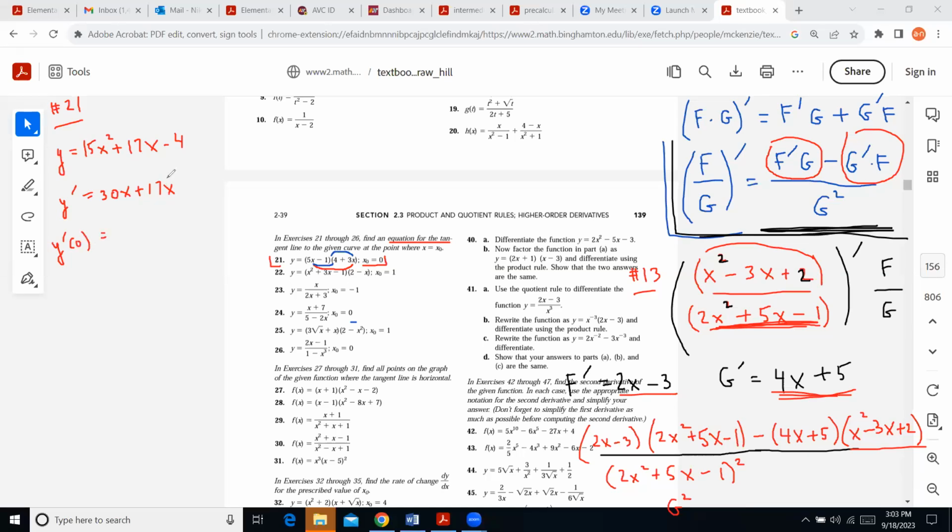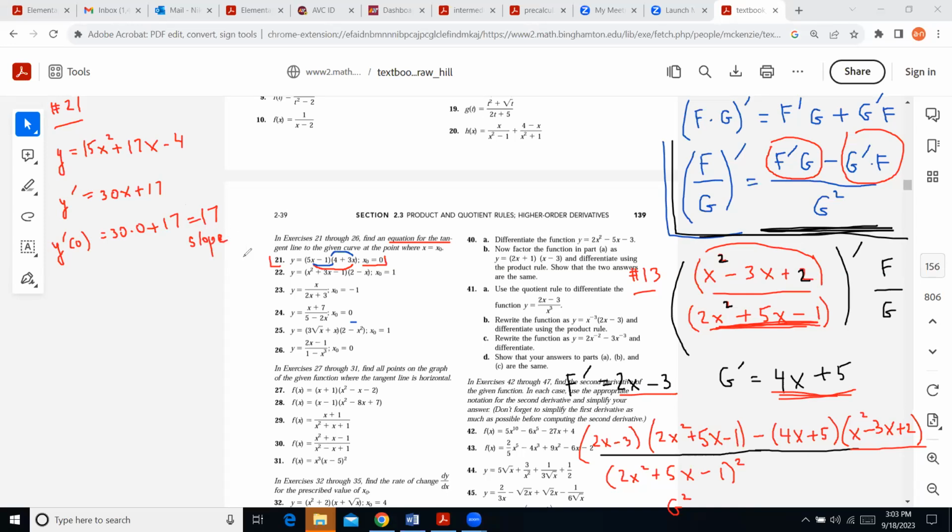And I want to be a little bit careful because it's a 17, not 17x, right? Find derivative of 17x. X disappears, right? So I'm going to replace letter x with a 0 like that and just get number 17. So 17 is going to be the slope.